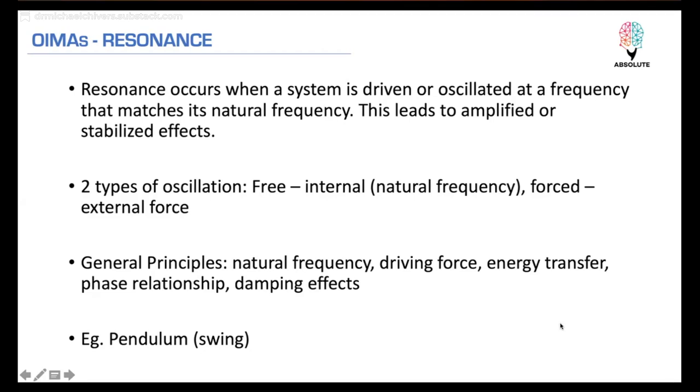This is a really important concept with respect to oscillatory isometric muscle actions, because that means that we can use variable amounts of oscillation and still have effects, because the tissue will ultimately be able to do something with that oscillation and achieve whatever it is that we want the tissue to achieve.